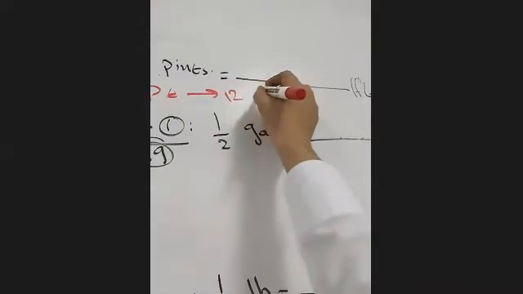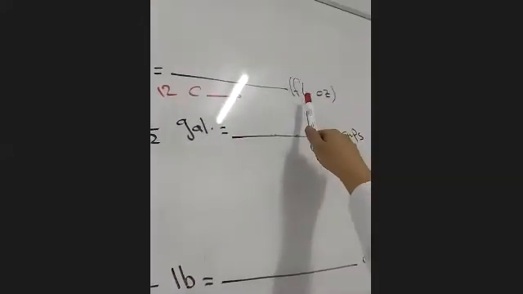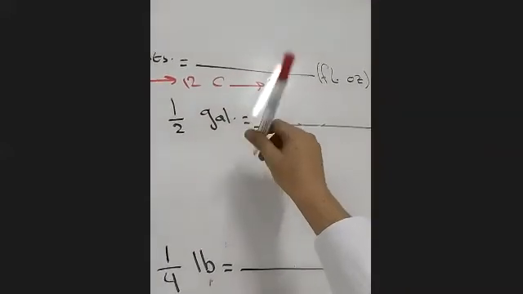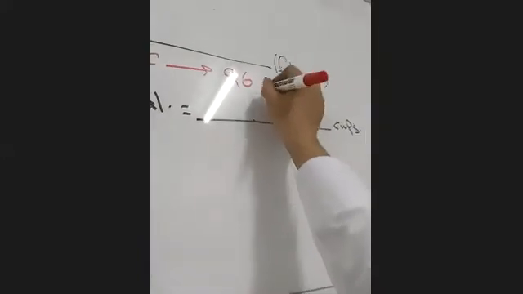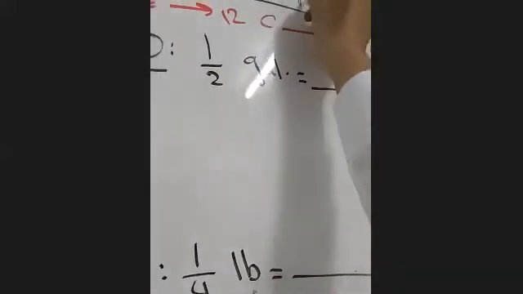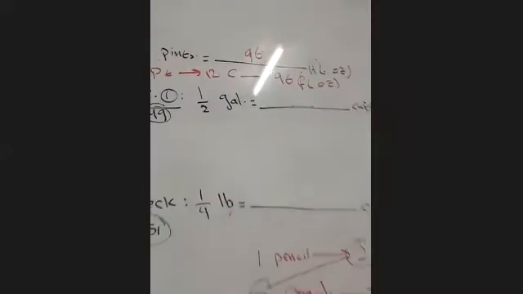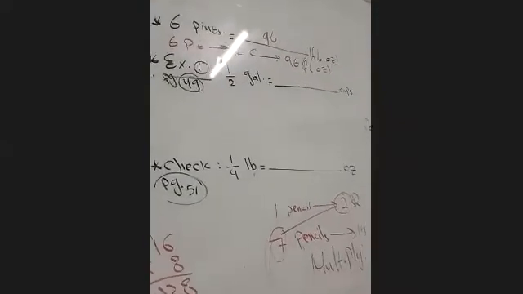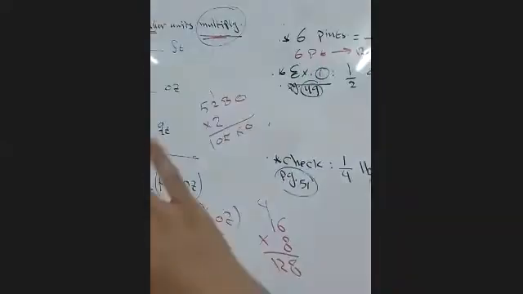So it will be 12. 12 what? Cups. But did I get my wanted unit here? No. Now I will turn from cups to fluid ounces. What I will do? I will multiply by 8. 12 by 8, guys, you get 96. So my answer here is what? 96. Now I finished my extra examples here.